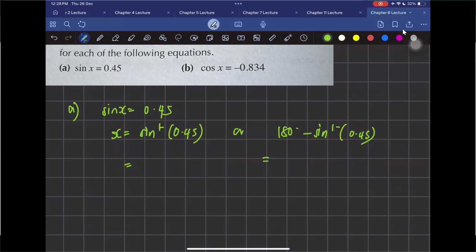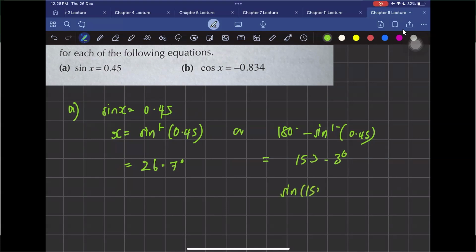Make sure that your angle unit for your calculator is in degrees and not radians. So you should get 26.7 degrees and 153.3 degrees.